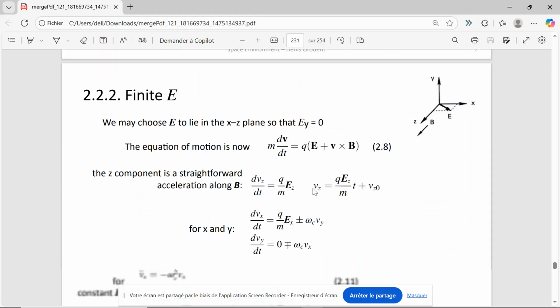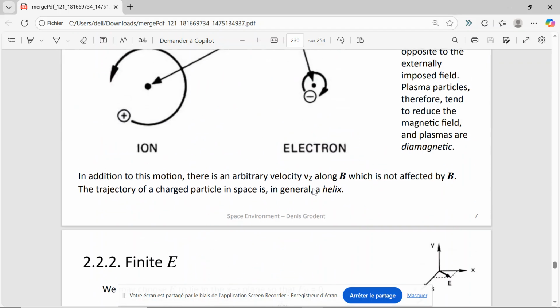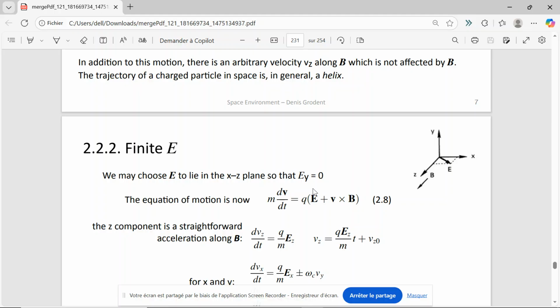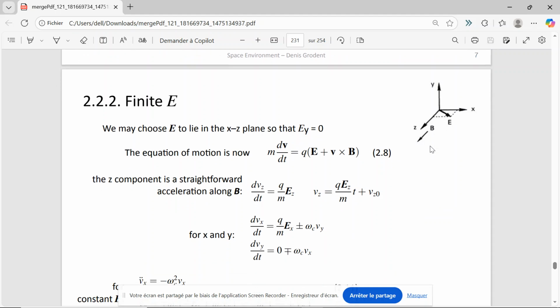When you have an electric field that is induced, and it is the case because we have seen in electromagnetism courses the Poynting vector which links the B and the electric field, we may choose E to lie in the x-z plane, so the Lorentz force can be rewritten like that.